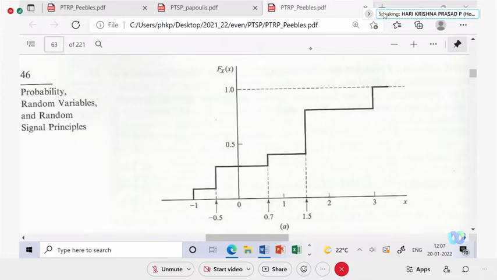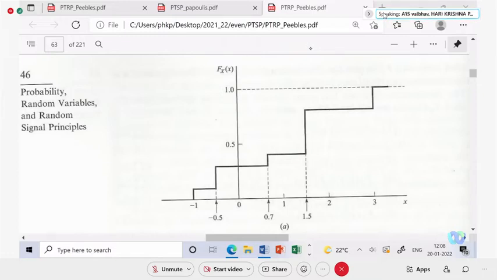Consider a value slightly lesser than that, maybe minus 1.1, minus 2. So the value of the distribution function at x equal to minus 2 is 0. That is the meaning of the first property. So like that, please correlate the properties. Any other property which you would like to analyze using this figure?